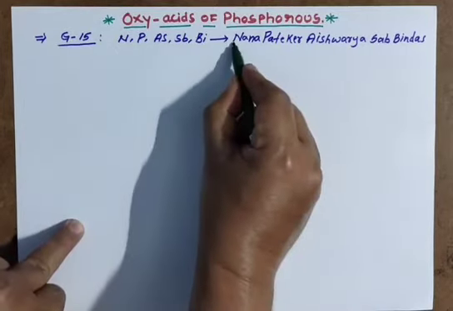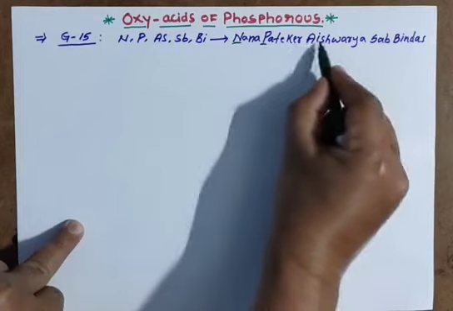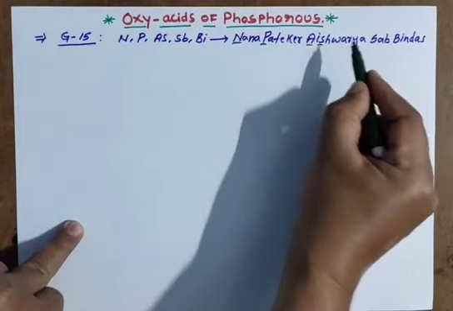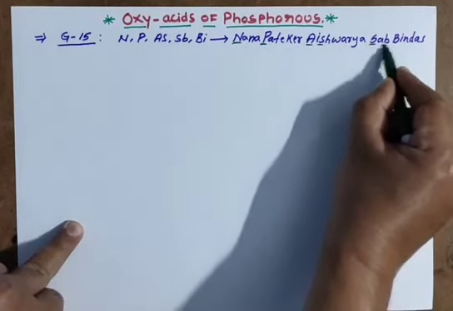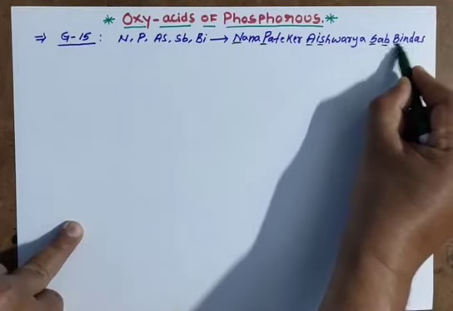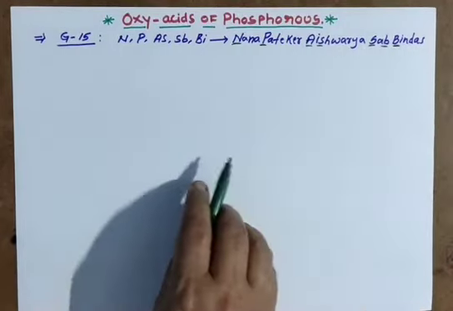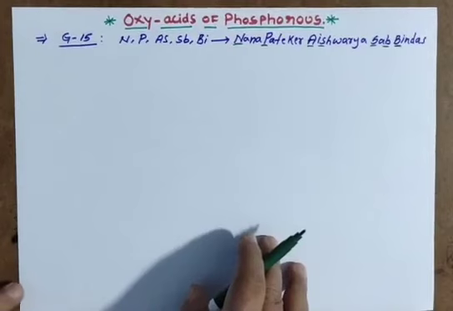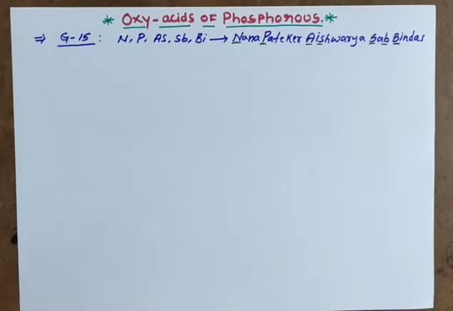Here N is nitrogen, P is phosphorus, A is arsenic, SB stibium, BI bindas. Nana Patekar, Aishwarya, Sab bindas. This is the trick I gave.